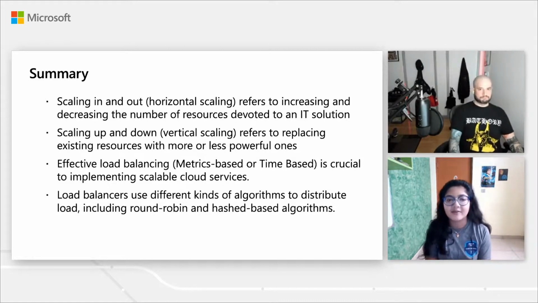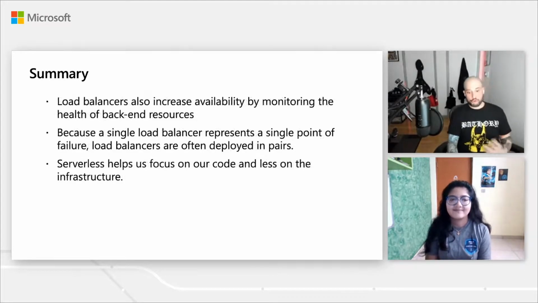And I think we have been able to conclude how crucial load balancers are when creating a project. I think we have, and I love what you showed me about all those configs. And so load balancers can increase availability by monitoring the health of those backend resources. Because a single load balancer can represent a single point of failure, or as we call them SPOFs, load balancers are often deployed in pairs.